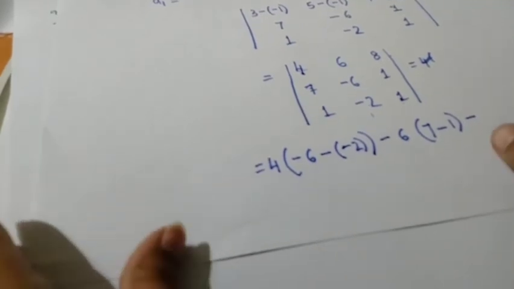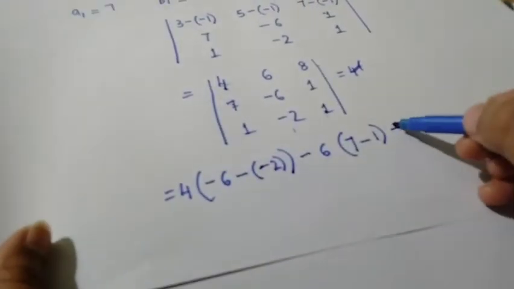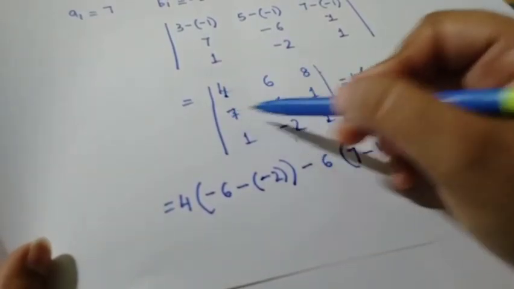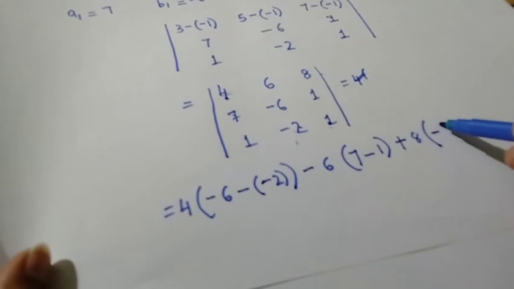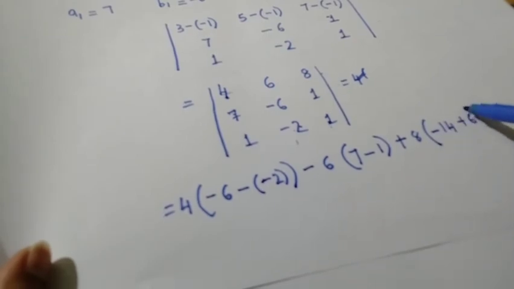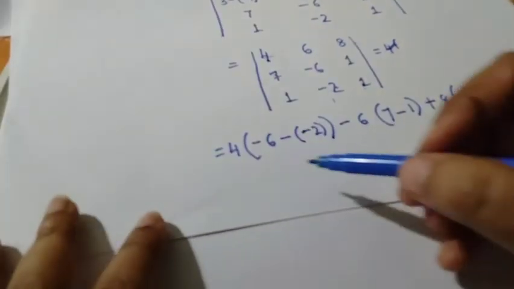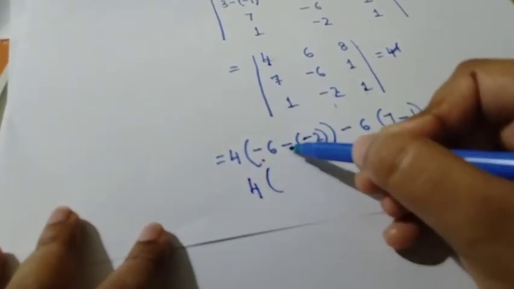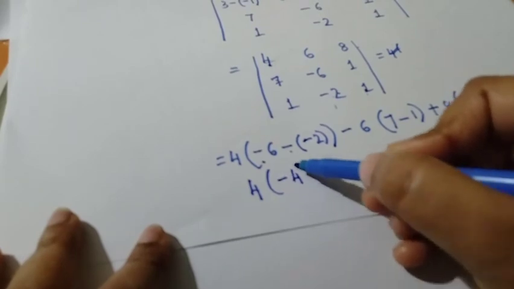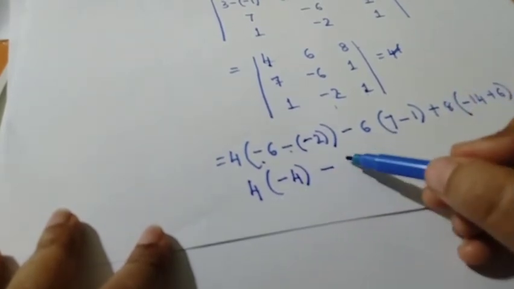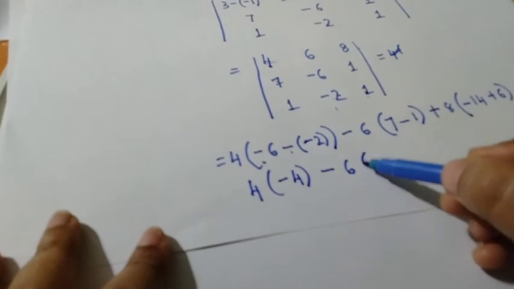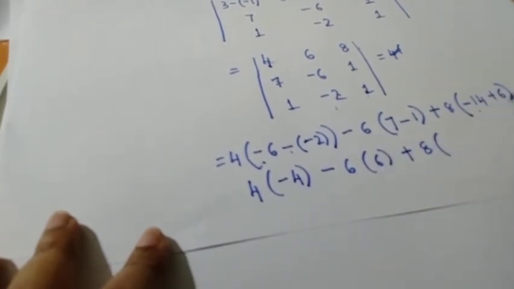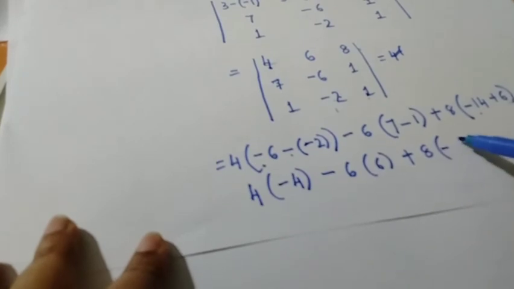Next plus 8 into bracket, so 8th row and column you will do minus 14 plus 6. So 4 into minus 2 minus 6 plus 2 is minus 4, minus 6 into bracket 7 minus 1 is 6, plus 8 into bracket 14 minus 6 is 8.